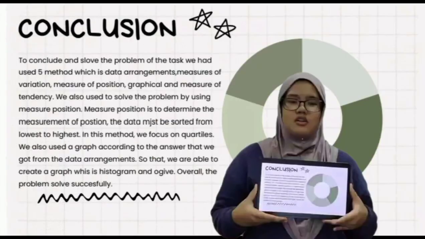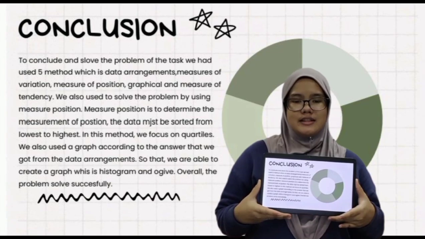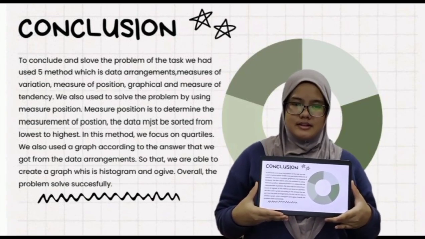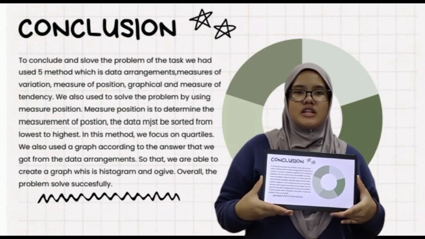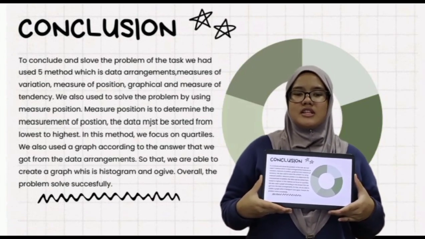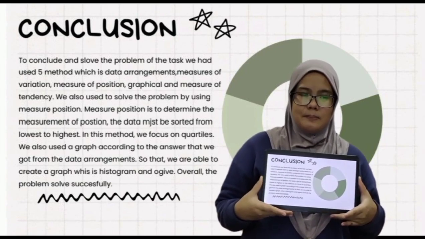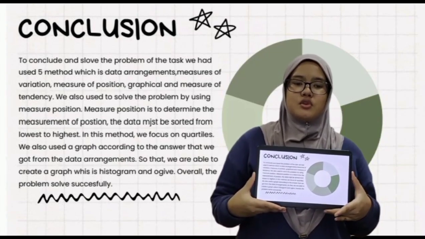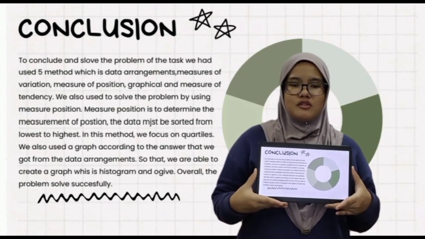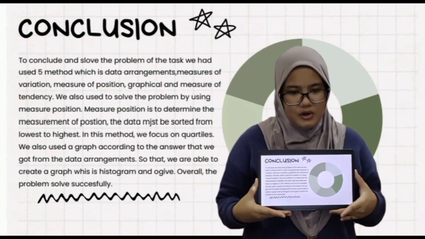So that's all. Conclusion: to solve the problem of the test, we used 5 methods, which are data enrichment, measure of variation, measure of position, graphical, and measure of tendency. We also solved the problem by using measure of position, which is to determine the quartiles.